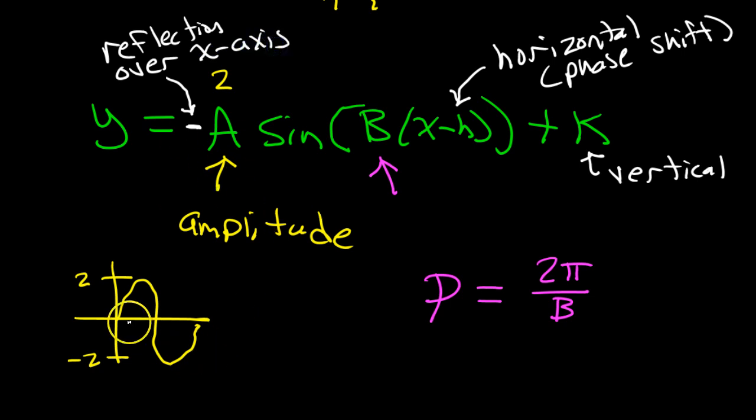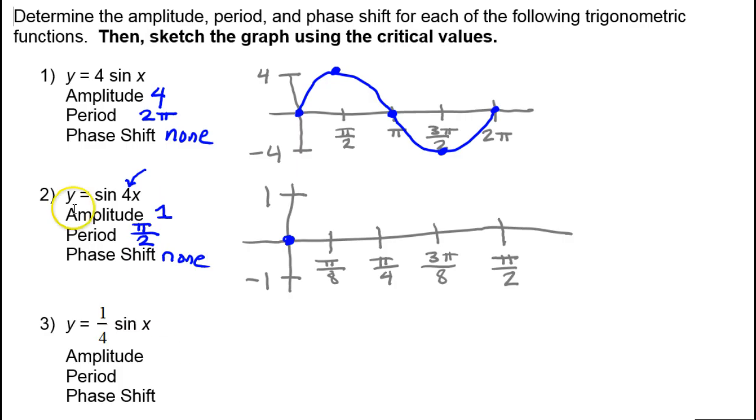Meaning it would be upside down. So looking at this picture, instead of going up and then down, instead it would go down and then up. All right, that's what it would look like if there was a minus sign. Anyway, this doesn't have that, so I don't have to worry about that.